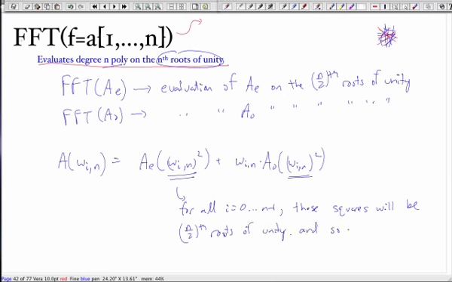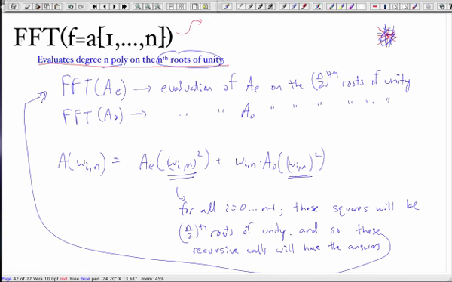And so these recursive calls will have the answers. This recursive call produces the evaluation of A even on the n over 2th roots of unity, and since these are the n over 2th roots of unity, we can then combine the results of these two in order to get this. Do the puzzle pieces all fit together? Are you in shock, or is it just disbelief at the elegance of how this all fits together?